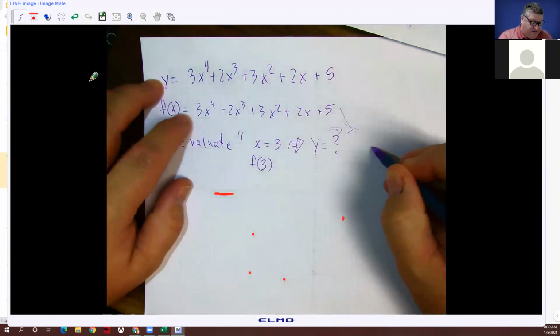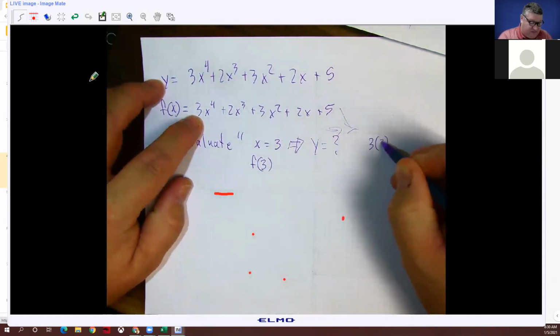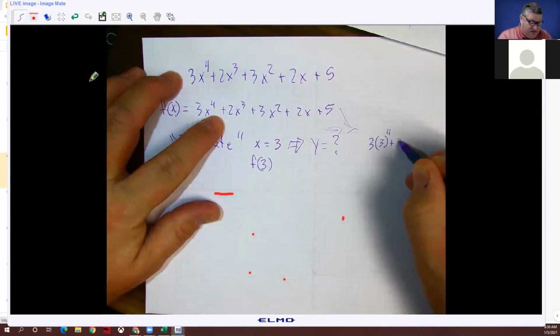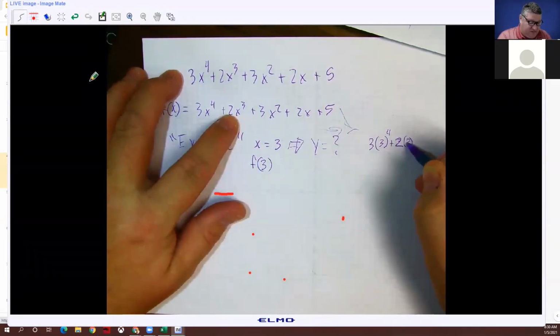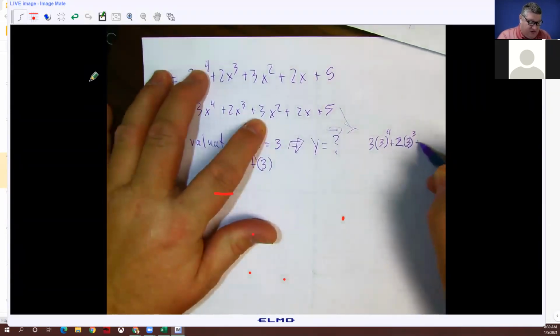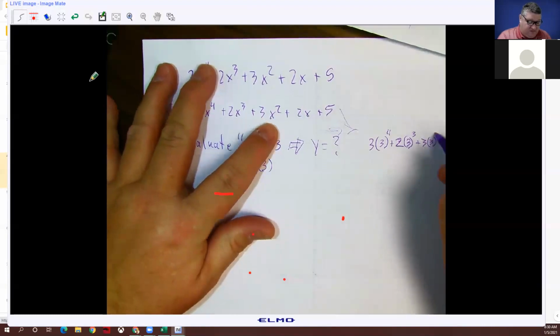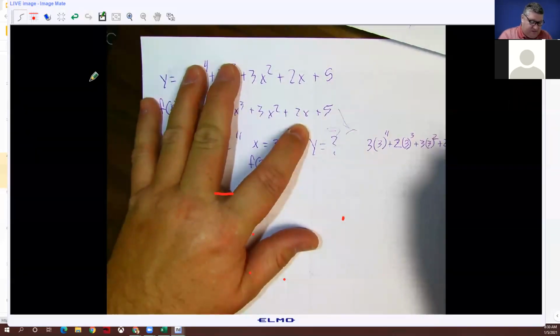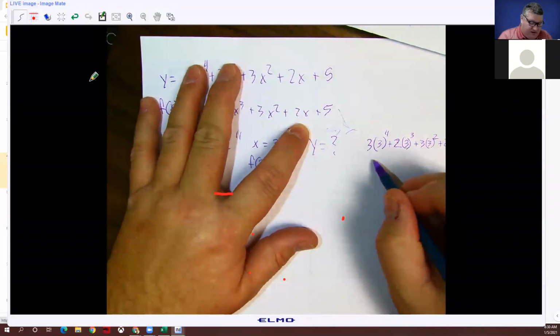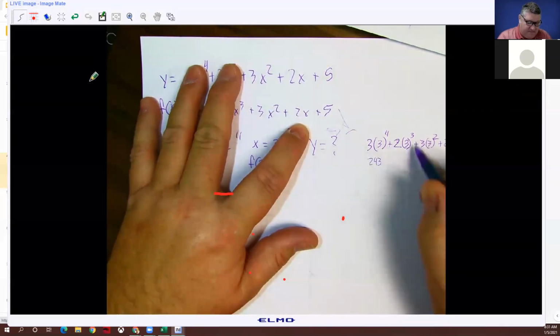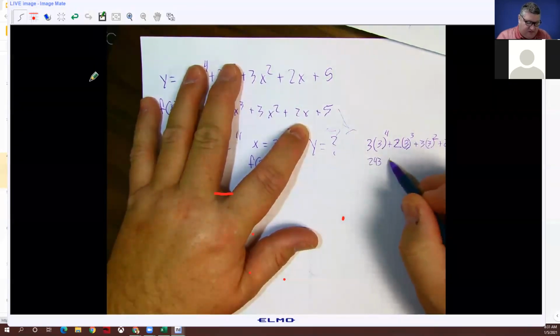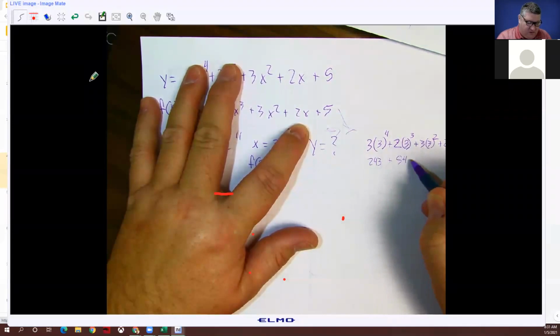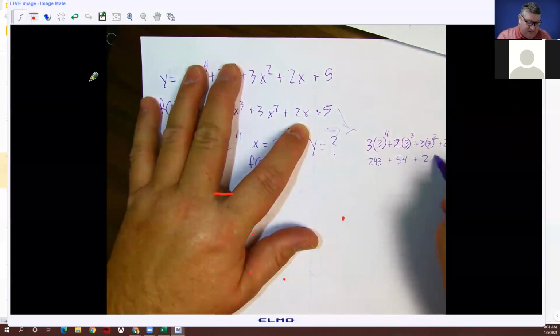So what I could say is 3 times 3 to the fourth plus 2 times 3 cubed plus 3 times 3 squared plus 2 times 3 plus 5. And I could go through here and say 81, so 243. Then I got 27, 27 times 2, 54, plus 27 plus 6 plus 5.